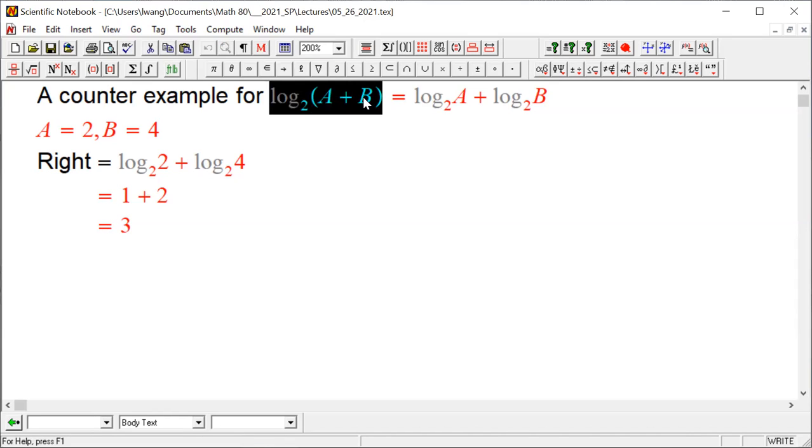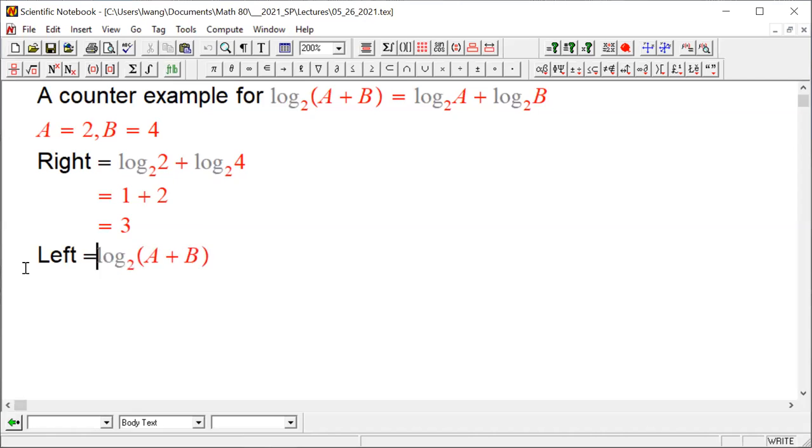How about the left-hand side? I'm going to have 2 plus 4. And by order of operations, I will have log base 2 of 6. Are these two equal?